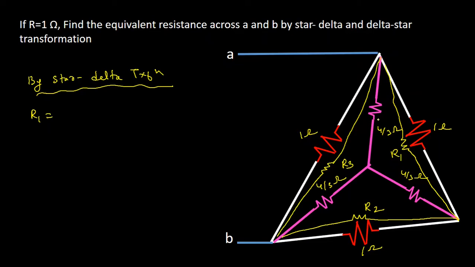That means 4 by 3 into 4 by 3, then plus this 4 by 3 into this 4 by 3, plus this 4 by 3 into 4 by 3. We have to multiply all the adjacent resistances in the star connected network and after multiplication we add all the products.